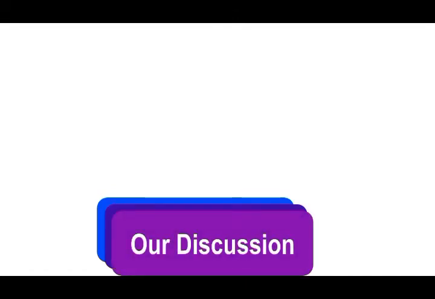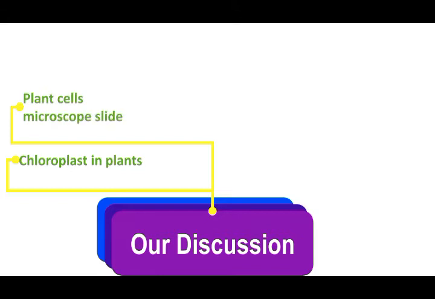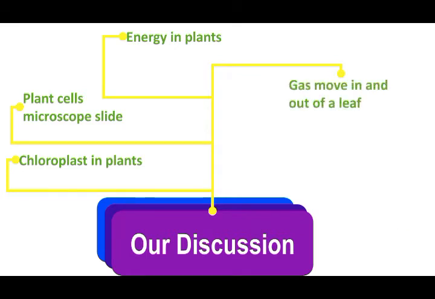Our discussion will be limited to some subtopics: chloroplast in plants, plant cells on a microscope slide, energy in plants, gas moving in and out of a leaf, and then the stomata diagram.